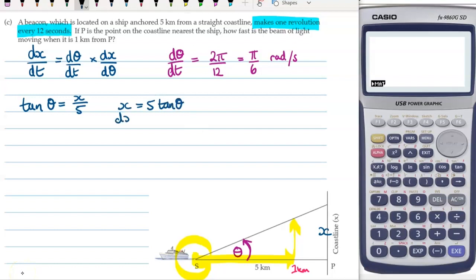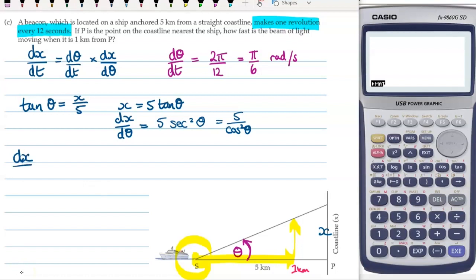Now we can do dx by d theta. Tan differentiates to sec squared, so this will be 5 sec squared theta, which is the same as 5 over cos squared theta. I'm writing it like that so I can substitute into the calculator more easily.